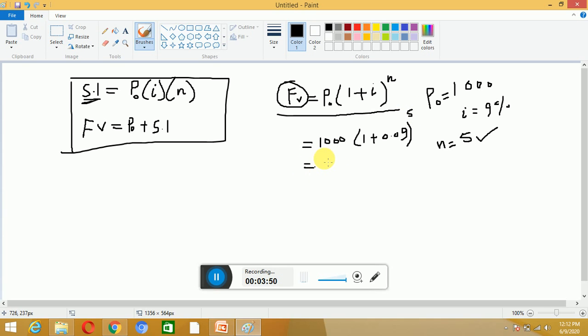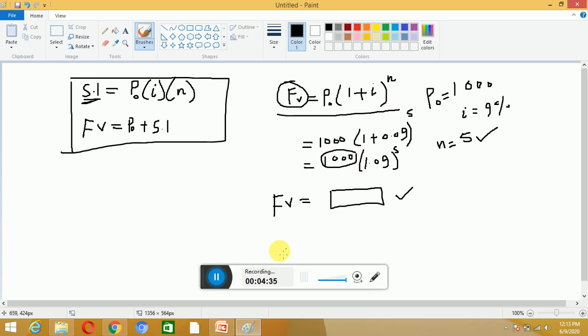So 1,000 times 1 plus 0.09, that means 1.09 raised to the power 5. You will calculate 1.09 raised to the power 5 with the help of a calculator, and then multiply the answer with 1000, and you will get the required result, that is the future value. After 5 years you will receive this much money. You can make the calculation yourself.